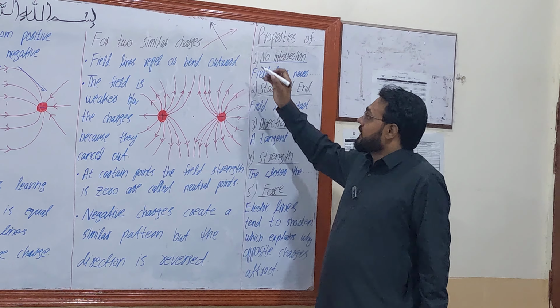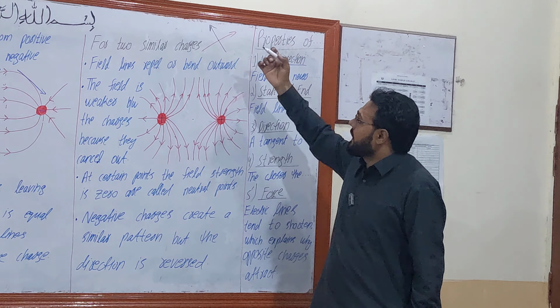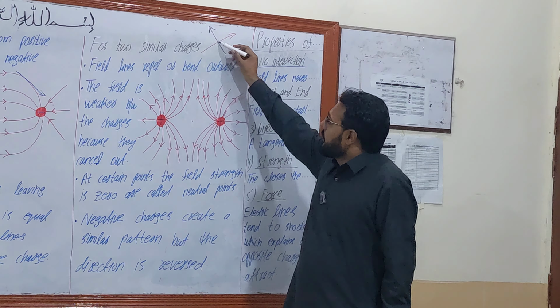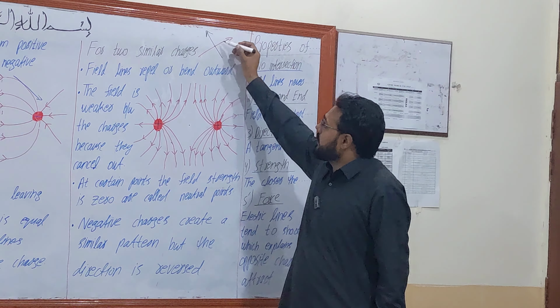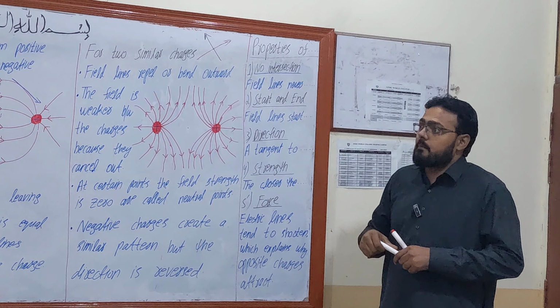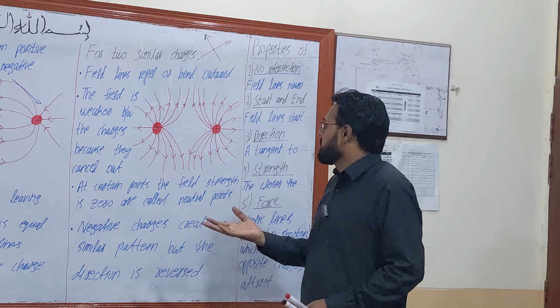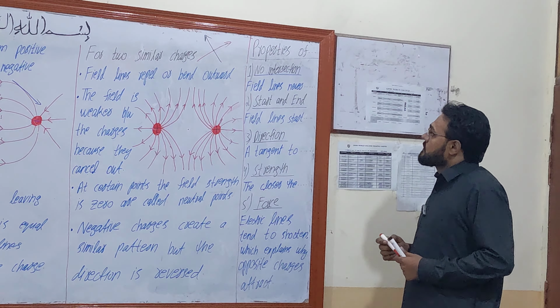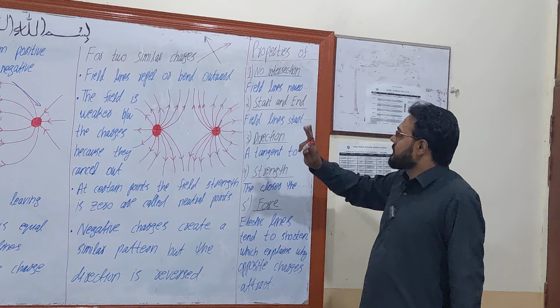If they intersect each other, at the point of intersection, they have more than one direction, this one and this one. So it's impossible for a vector quantity to have more than one direction. That's why field lines never intersect each other.